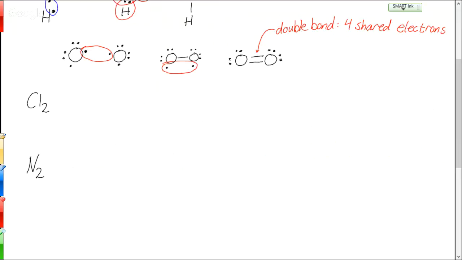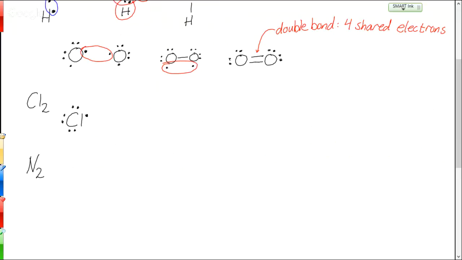For chlorine, how many valence electrons do we start with? 7. 7, right. So that means we need one more. So in that way, it's going to be very similar to hydrogen, the way that it interacts with other things.